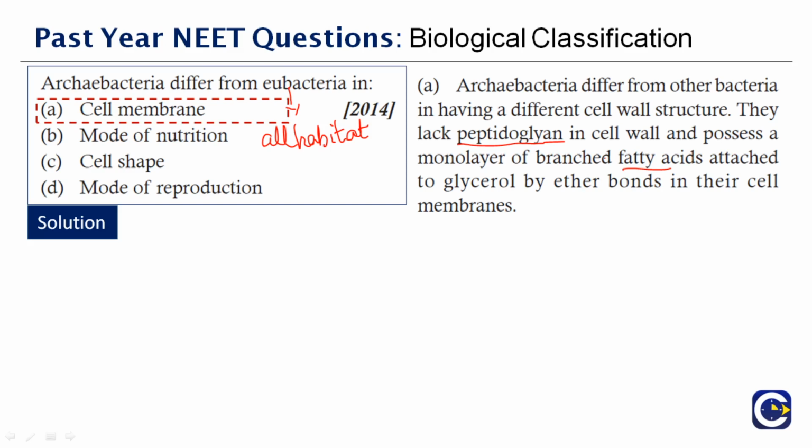The cell wall will maintain its sustenance so that the organism remains fit and can survive. So here, the normal ingredient of a cell wall for a bacteria is peptidoglycan. This is replaced with fatty acids, and that is the main difference between archaea and eubacteria.